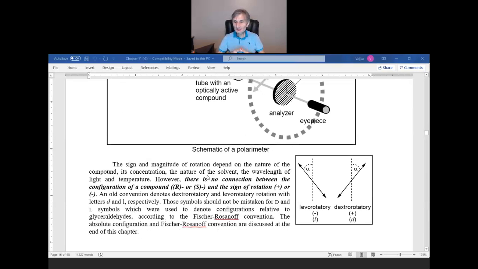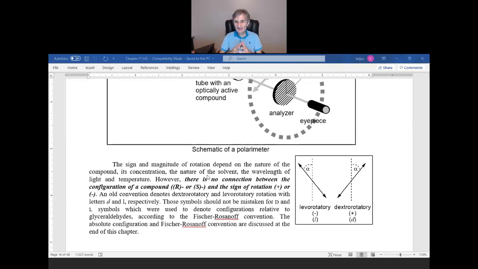What is important about rotation of polarized light is that since enantiomers differ only with respect to properties that are chiral, they differ only in the sign of rotation of polarized light.